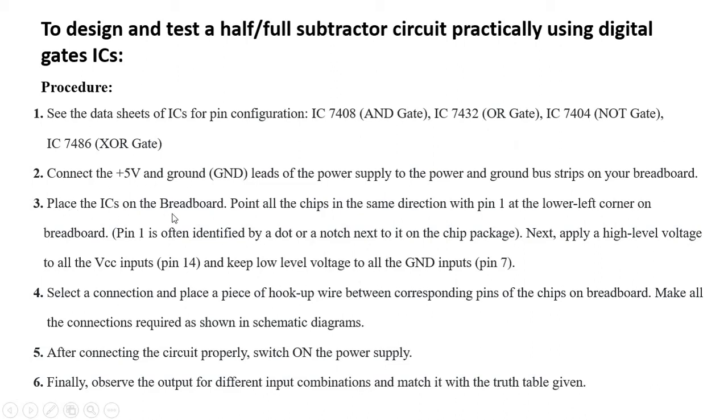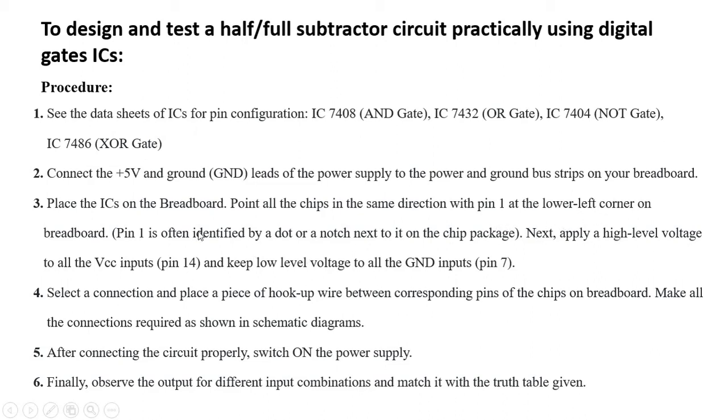Now you place the IC on the breadboard, you look for the notch, and the pin at the lower left corner of the notch will be your pin 1. You hold the IC and keep the notch at the left hand side, and then you will find that the lower left corner is pin 1.